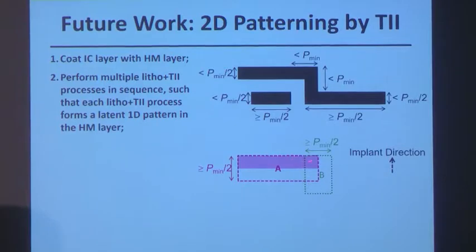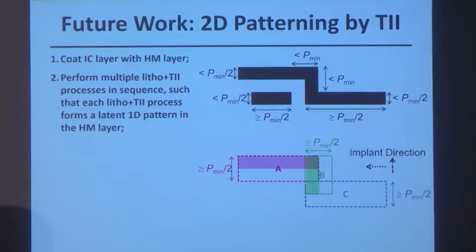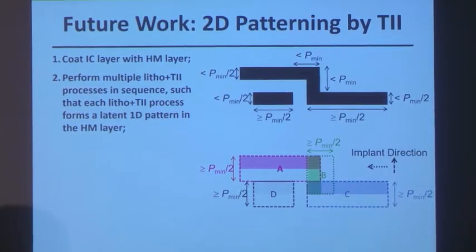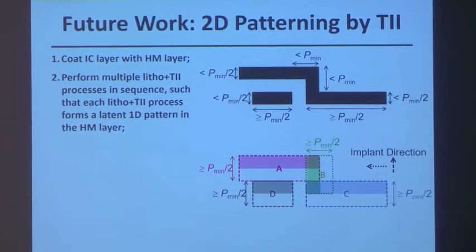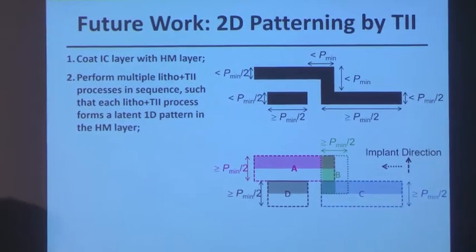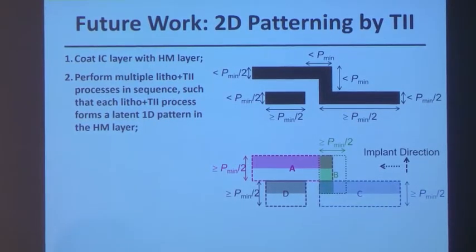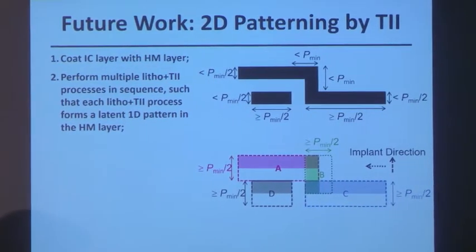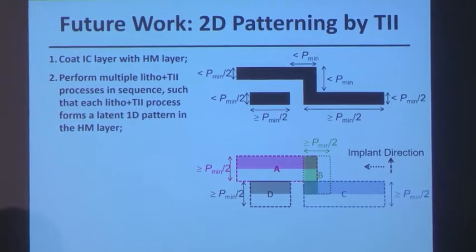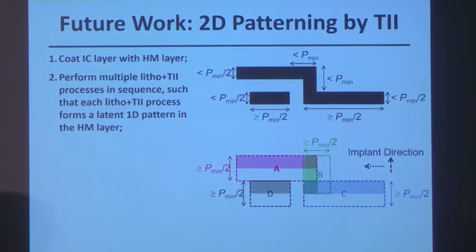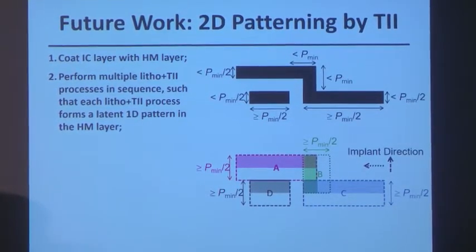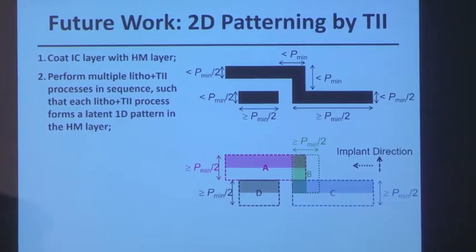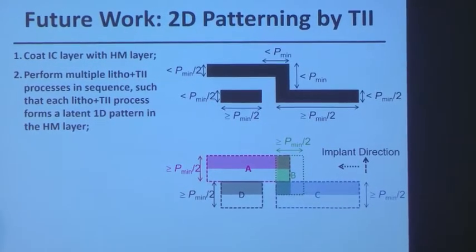Then use a second mask to define this next section of the pattern, and so on, right? Now, you might say, well, there's a lot of masks, but as I mentioned, today they're already thinking of going to a dozen masks to pattern one layer, and that's still with straight lines, right? So very restricted layout. Here, you don't have a restricted layout, and so you can potentially reduce the number of interconnect layers needed to wire your chip.